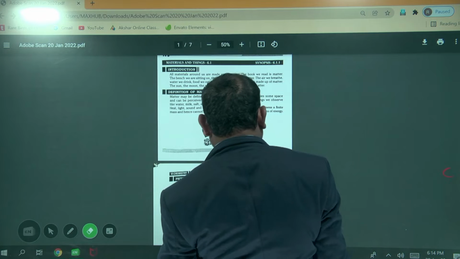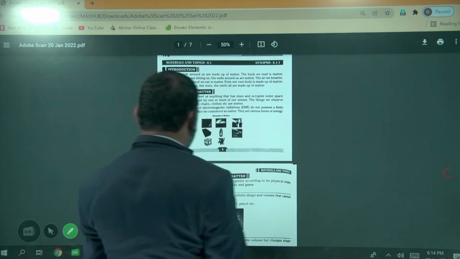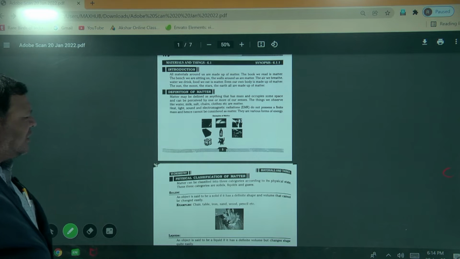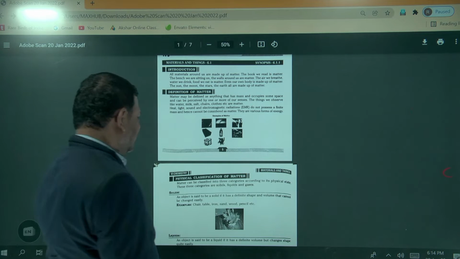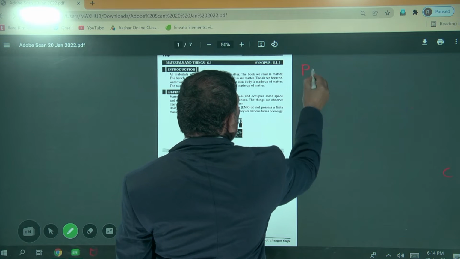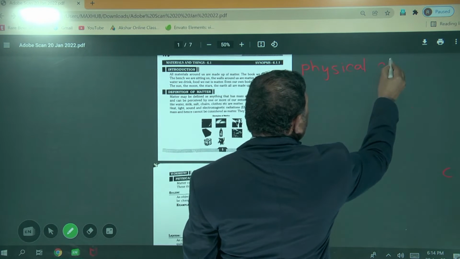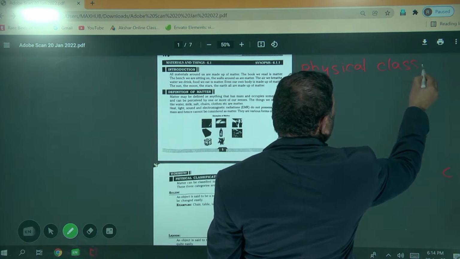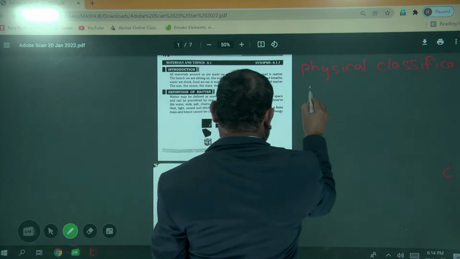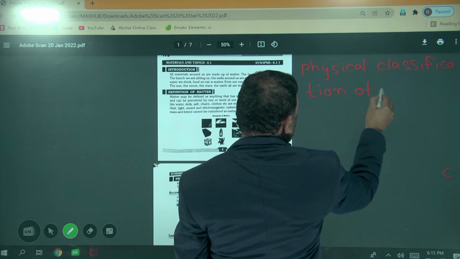Three states. They are solid, liquid, and gases. Physical classification of matter.